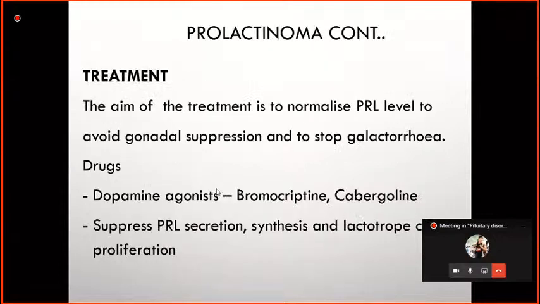Treatment: you give a dopamine agonist, for example bromocriptine and cabergoline. This usually can successfully suppress your prolactin secretion.